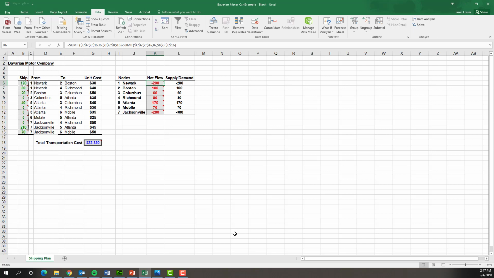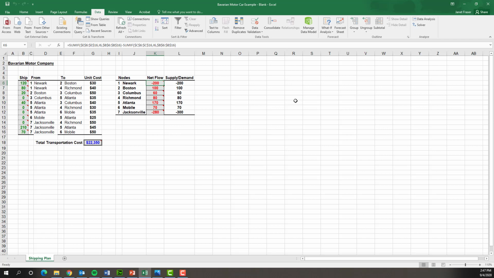And what we see here is a total transportation cost of $22,350. We could probably add 3 more zeros to the end of that to make that the true value. And we have some important information that's made clear to us in this output in Solver. So we see that we ship all 200 vehicles from Newark.